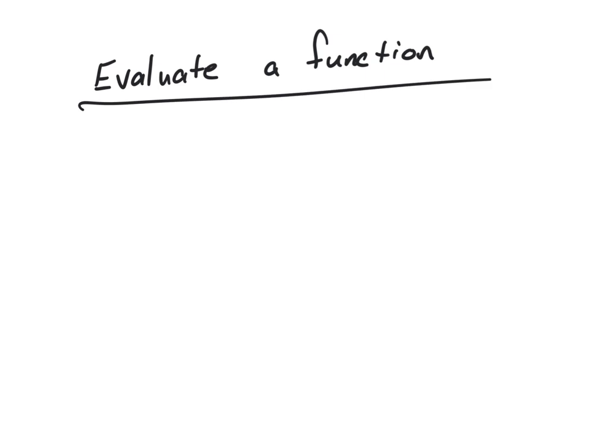Okay, evaluate a function. First up, what we will see a lot in college algebra is we will not see a lot of equations written as y equals, like we saw on Friday a little bit. We're going to start to see function notation, and we've seen this before. It's just the notation or the way that we write an equation. And there's reasons for this.